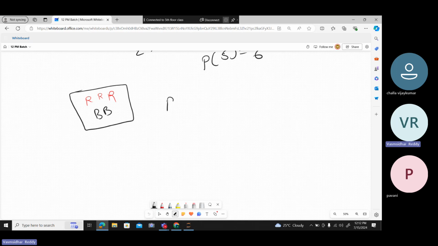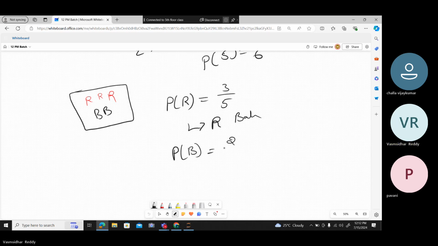What is the probability of getting a red ball? 3 by 5. There are 3 red balls, and the total number of balls is 5. So if you remove one red ball, what is the probability of getting a black ball? 2 by 4.